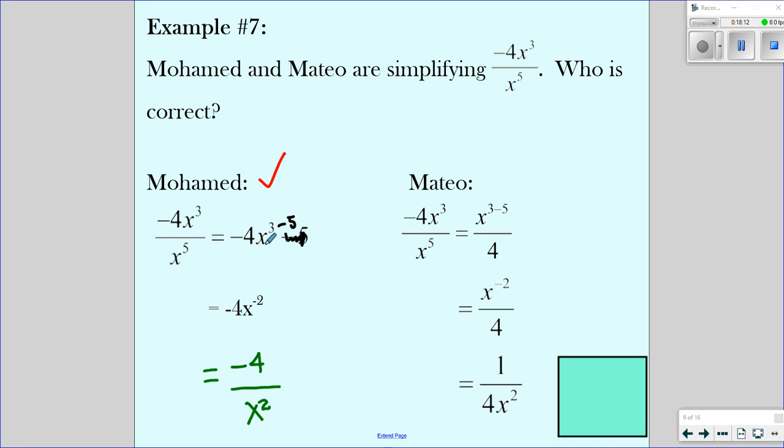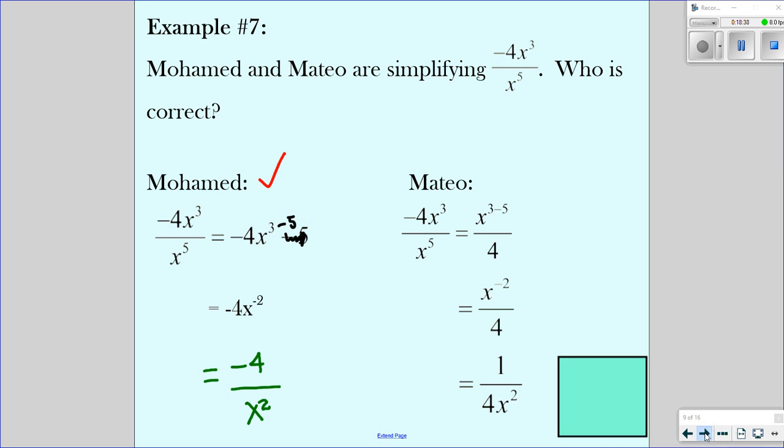The negative 4 stayed. Negative 4 over 1 gives you negative 4. And then he subtracted the exponents because he divided the powers, same base. And then he left it like this. But if you were to change it, it would be in the green form, the last part. So Mohammed is correct. Mateo just made a mistake because he made this negative 4 into a reciprocal.